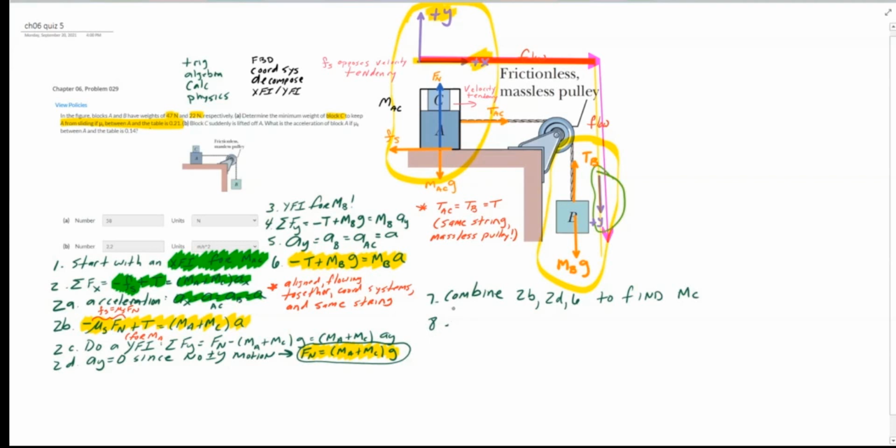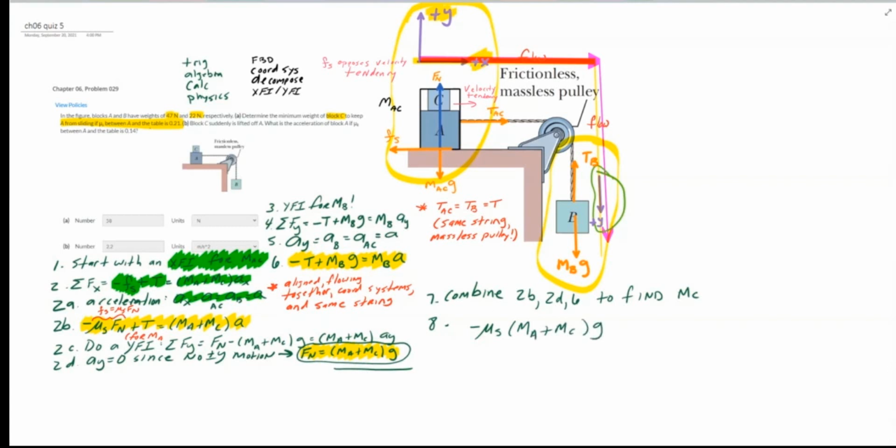Normally I'm fine saying that, but here, let me just stick with this. I'm just going to line them all up. Here's 2B, negative mu sub S, F sub N. I'm going to do the substitution right now. So instead of writing down F sub N, here's F sub N: negative mu sub S times F sub N, there's MA plus MC times G.